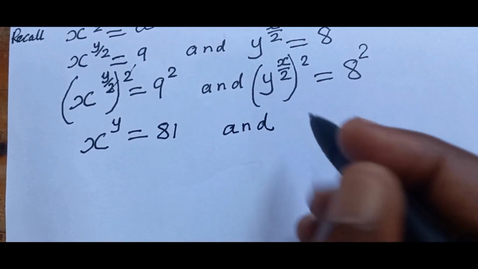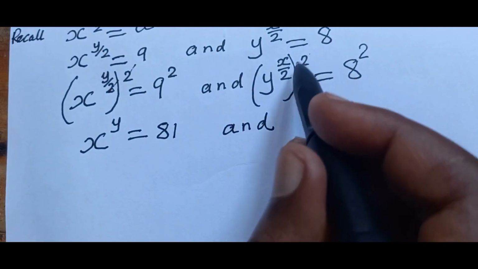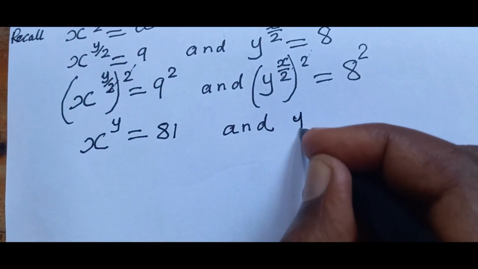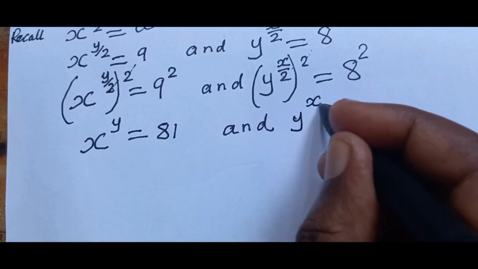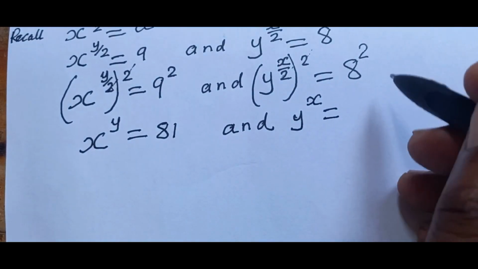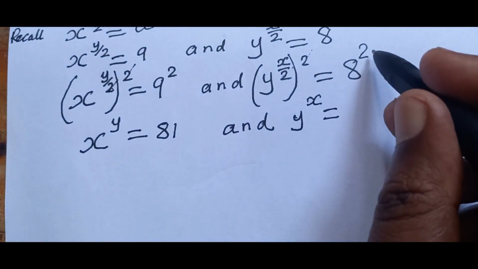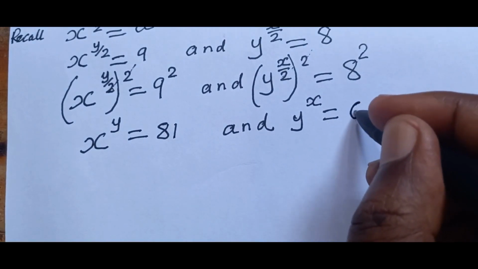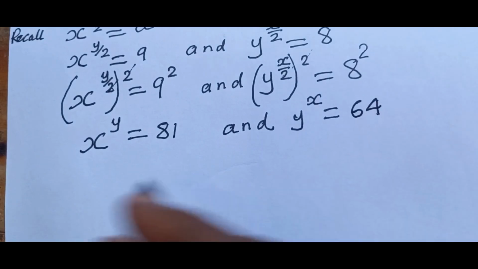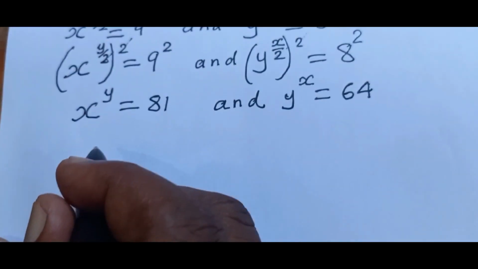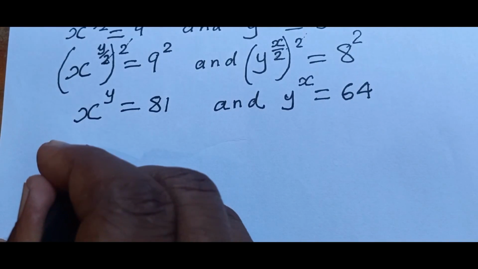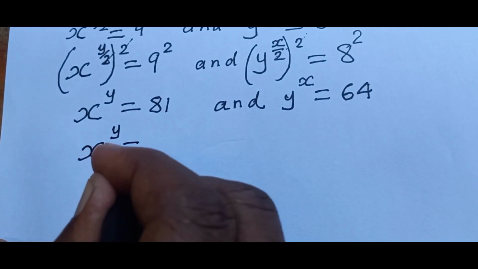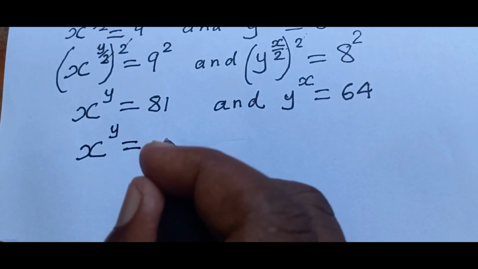And here, this 2 cancels with this one. So here, we remain with y raised to power x equals to 8 raised to power 2. This is equals to 8 times 8, which is 64. We have x raised to power y equals to 81.